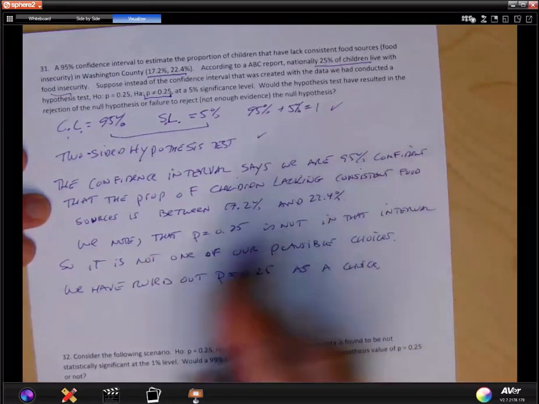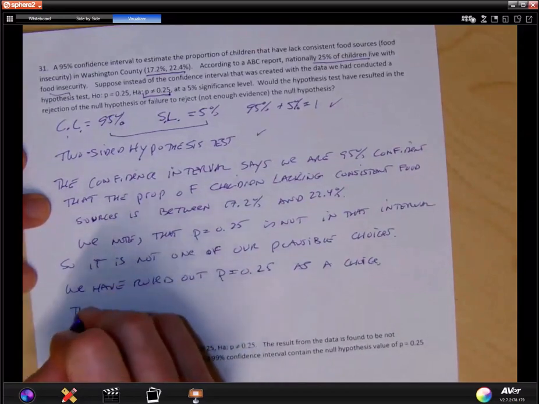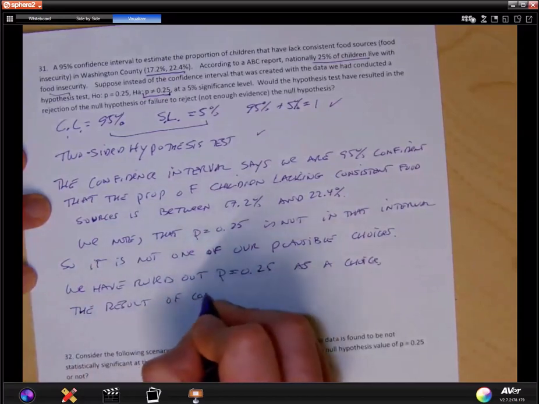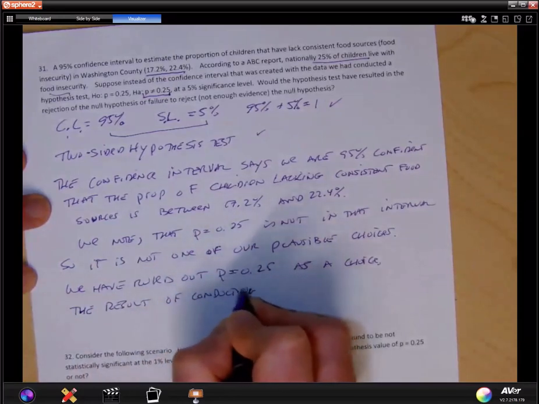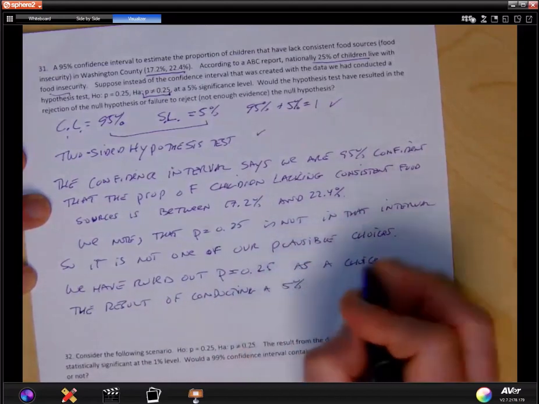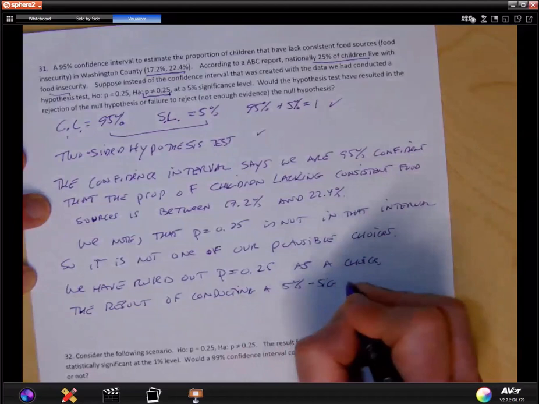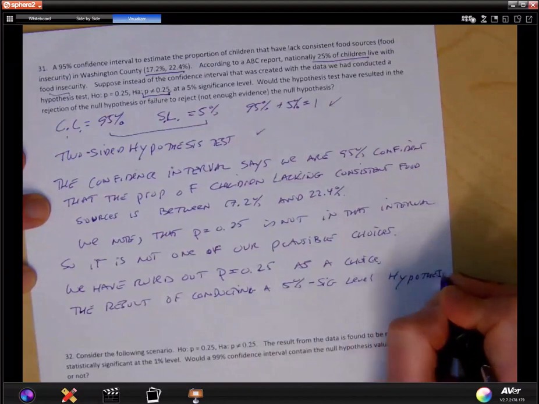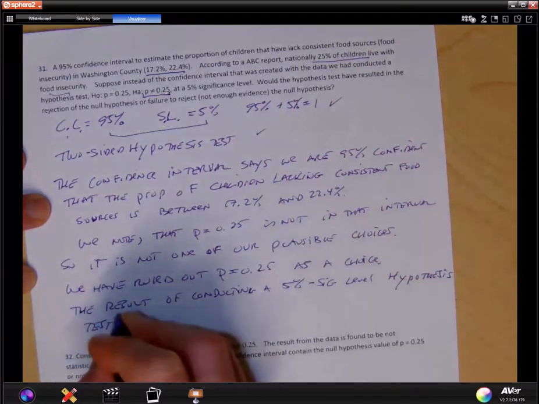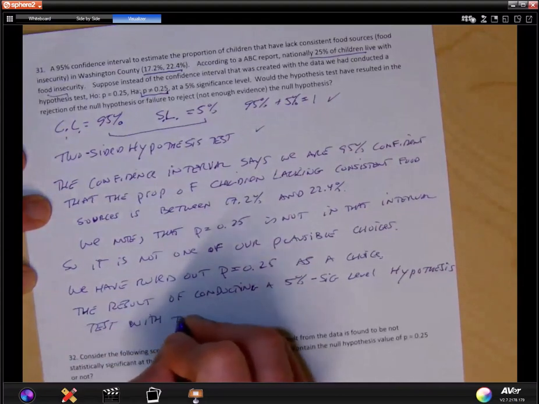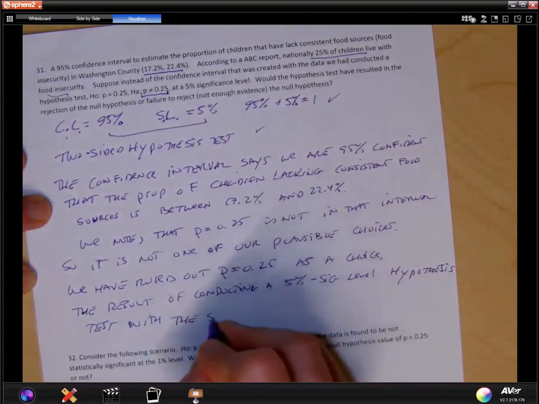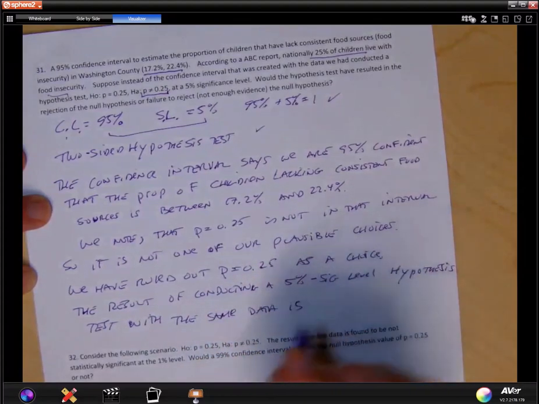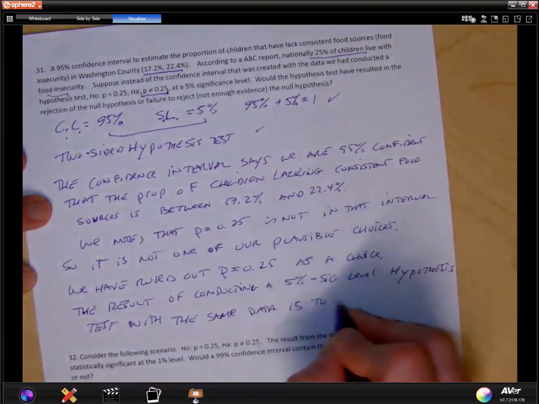So yes, in that case, the result of conducting a 5% significance level hypothesis test with the same data is to reject the null.